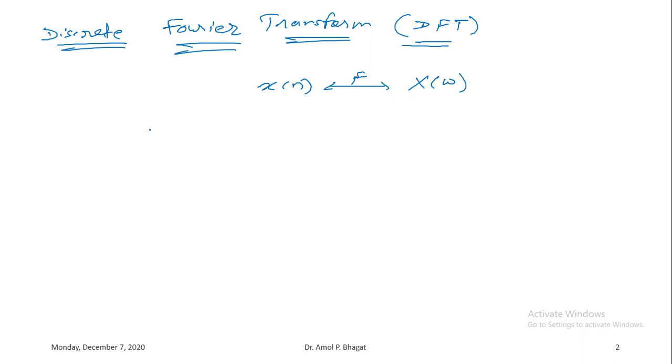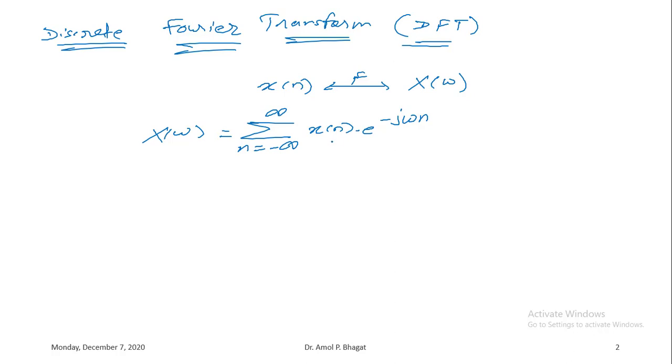This X of omega is a continuous function given as summation n equals minus infinity to infinity x of n into e to the power minus j omega n. Since it is a continuous function of frequency, it is not a computationally convenient representation of the sequence x of n in the frequency domain.